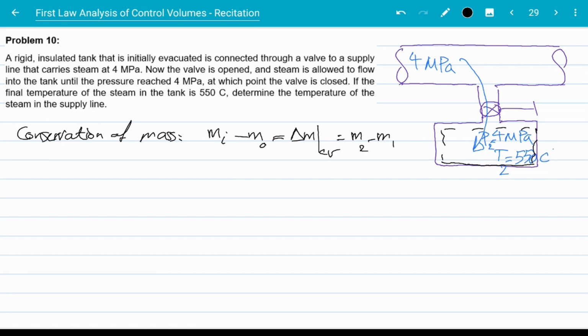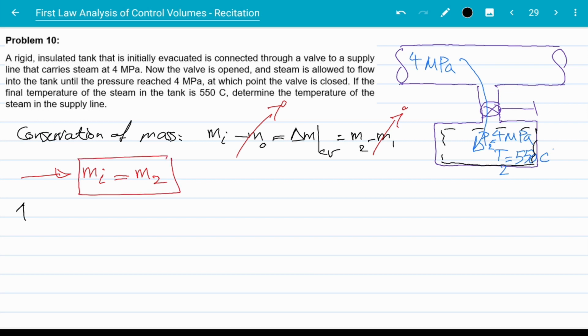Now we know that initially the tank is empty, so m1, the initial mass, is 0. We also know that there is no mass going out of this tank, so m_o is also 0. What we get is that whatever mass entered is equal to our final mass. Okay, so keep this in mind.